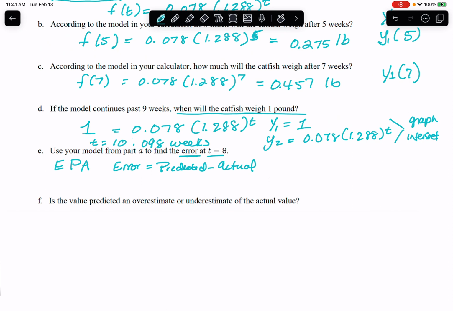So we need y1 of 8, or it's f of 8 if we're doing it for the function, but on your calculator you'll put y1 of 8 in there.